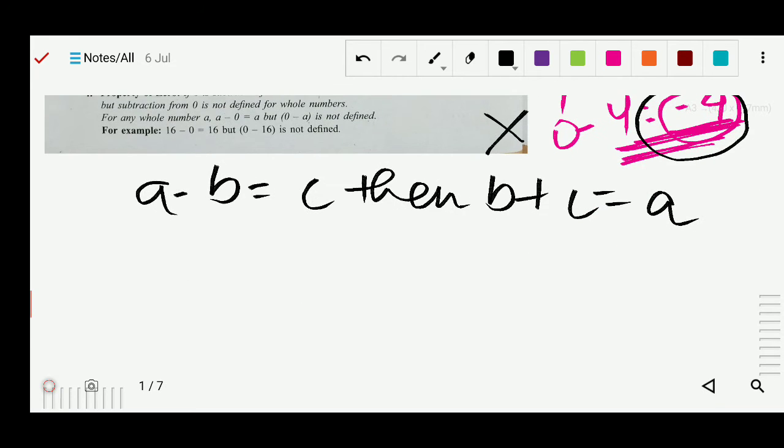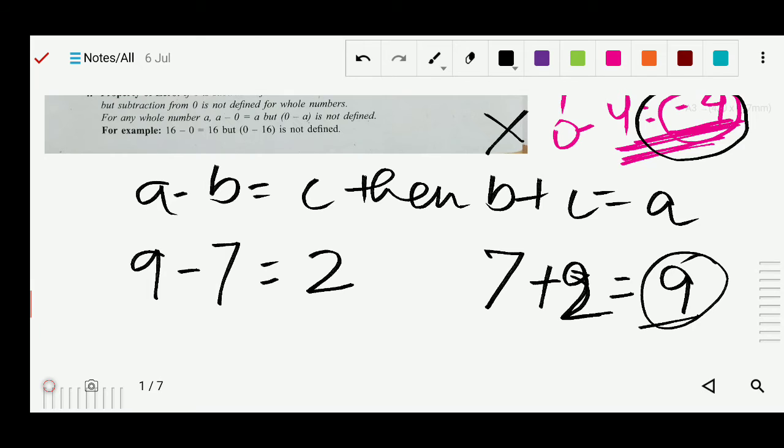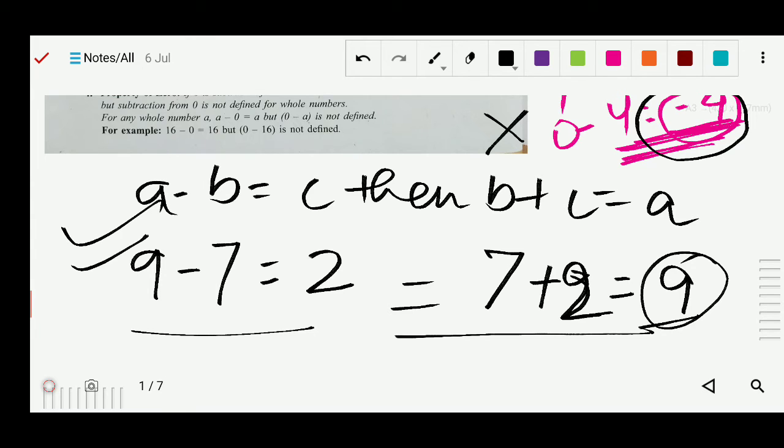Suppose I take a's value as 9 and b's value as 7. The answer will be 2. So a is 9, b is 7, c is 2, and 7 plus 2 is 9. So this is followed. We are only moving the values from right to left, left to right. So this rule is followed in the case of subtraction.